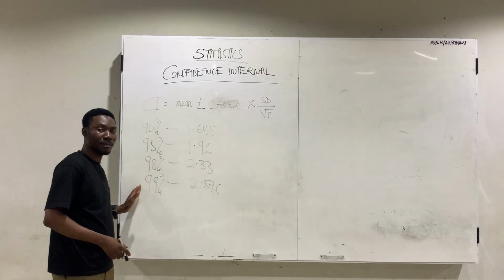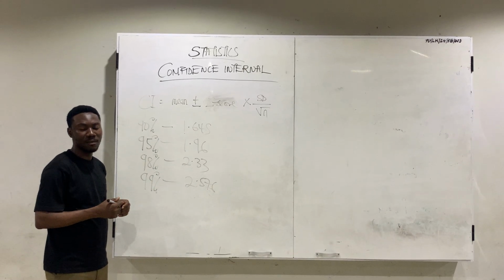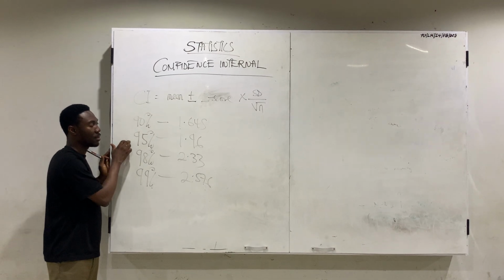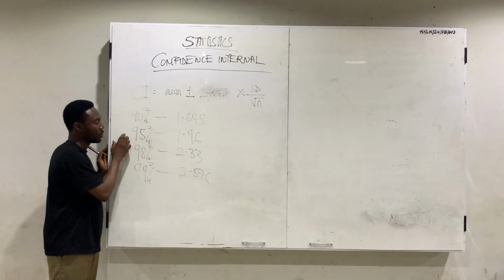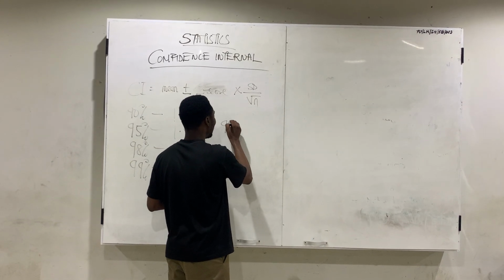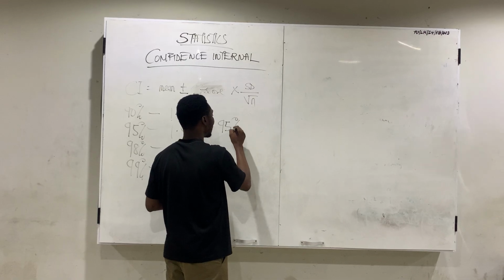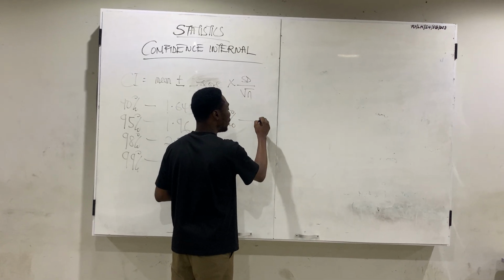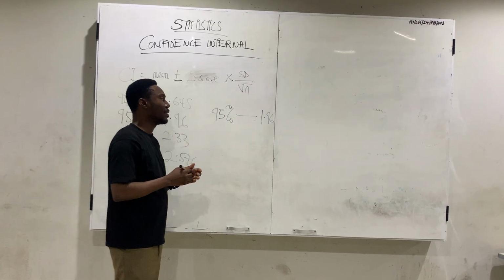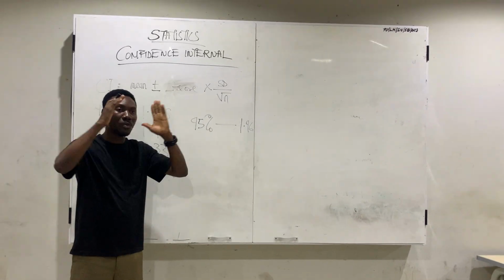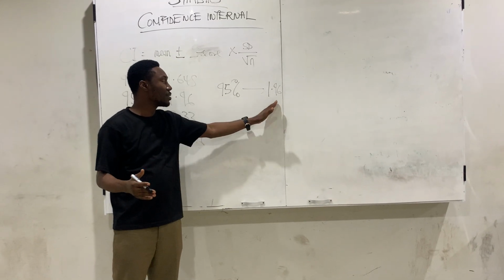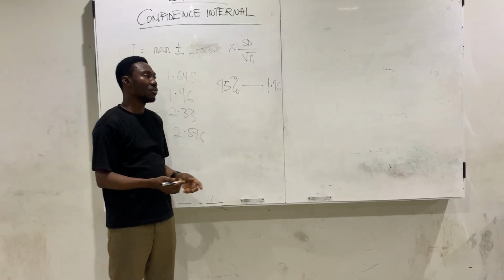So memorize them. But let's look at what if you forget it in the exams. Let's take the 95% confidence level. We know the corresponding z-score is 1.96. Let's say in the exams you have forgotten how they came by this 1.96. What are you going to do?